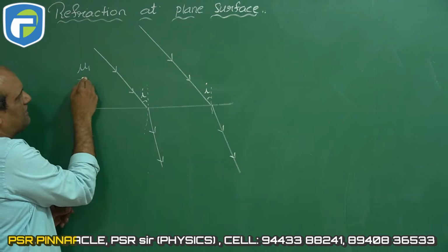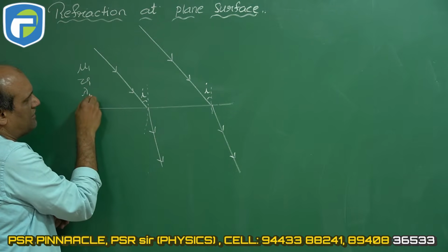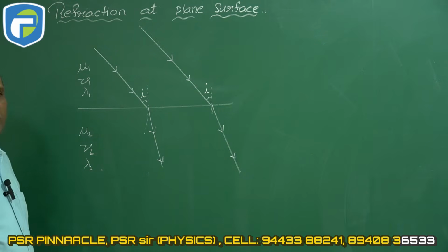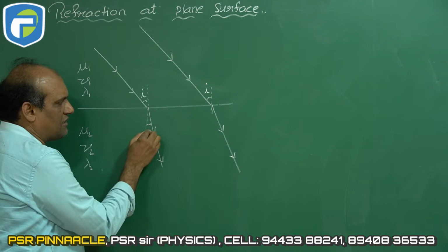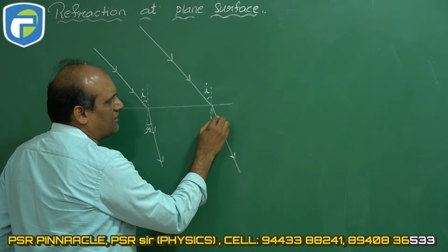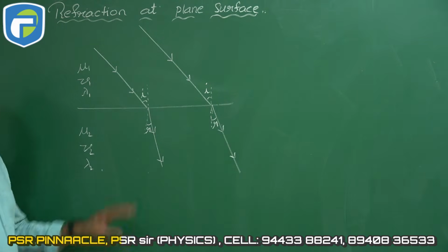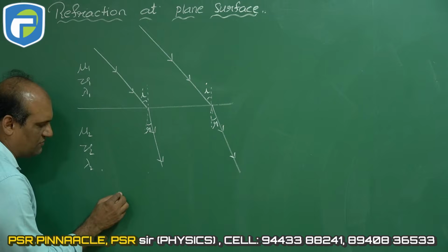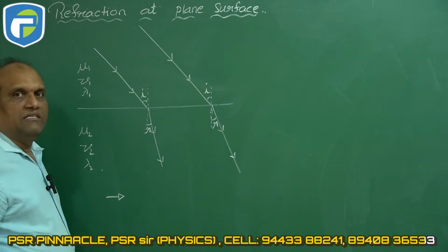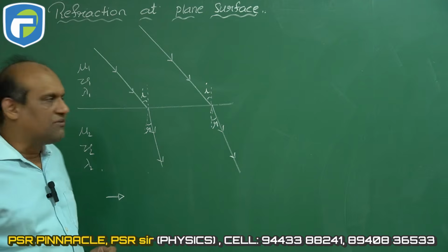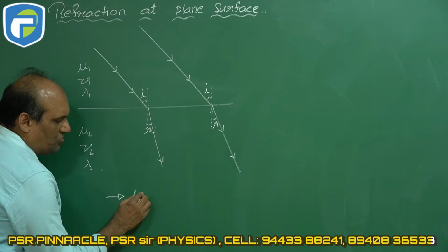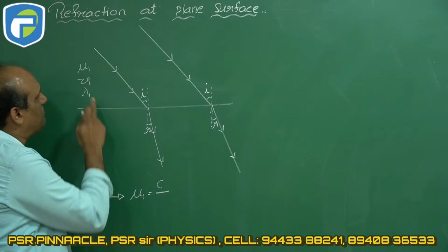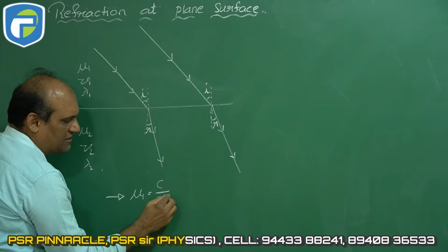So the velocity of light here is v1, wavelength lambda 1. Here v2, lambda 2. And we are going to get R, the refracting angle, here. We are going to get the relation among these terms. So first one: as we know, the definition of refractive index says mu1 equals the velocity of light in vacuum by the velocity of light in this medium v1.